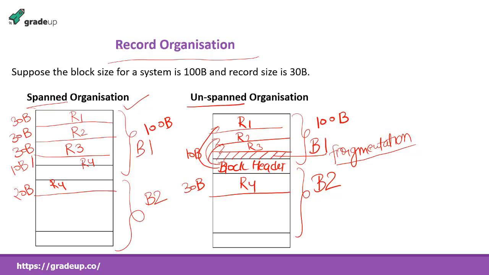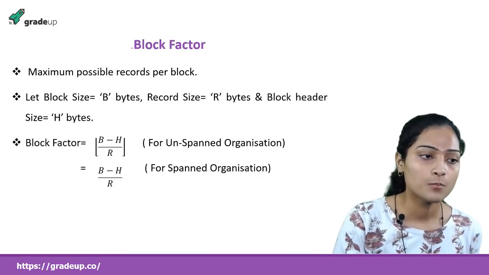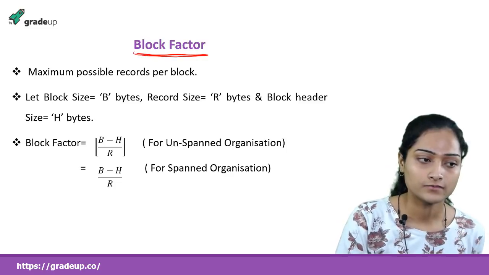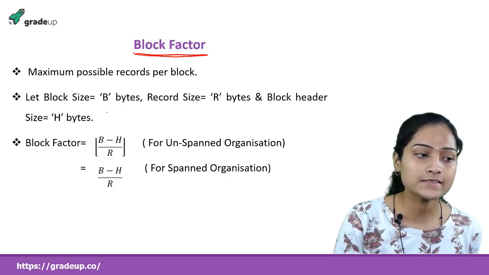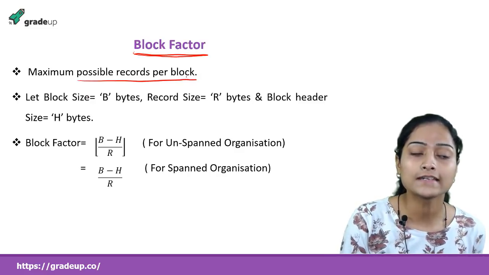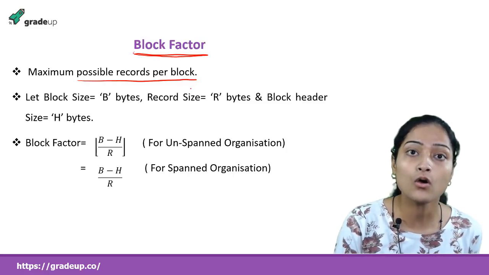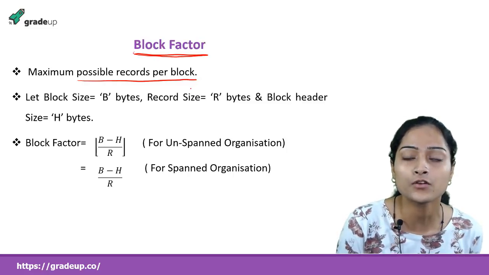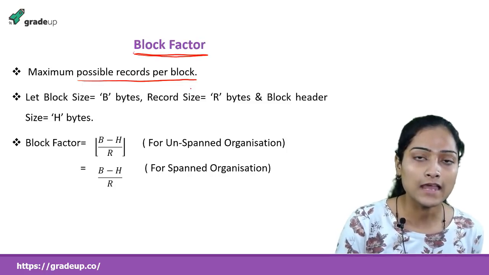Let us move towards the next thing in this topic, that is block factor. What does block factor represent? Block factor represents the maximum possible records per block. That is, the maximum number of records you can store in a single block. How are you going to calculate this?